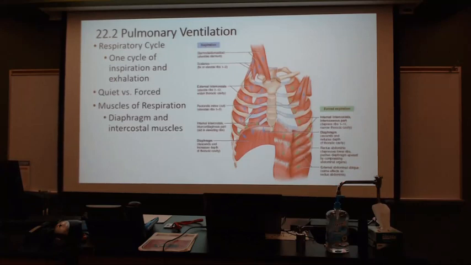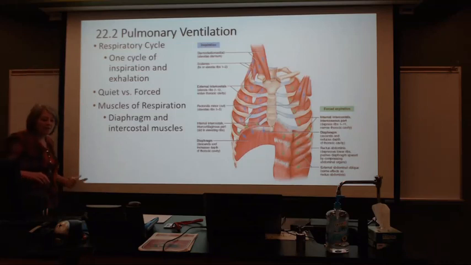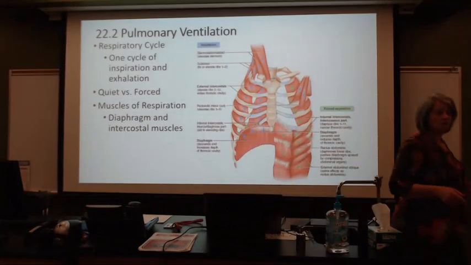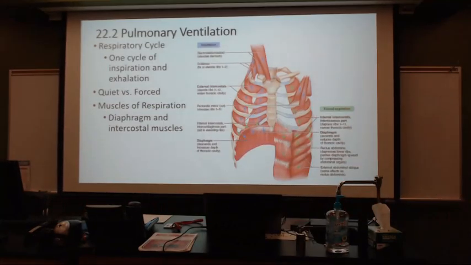So the goal: ventilate, move air. That's the goal. So we're going to talk about our pulmonary ventilation. All right? Because remember, we have to get air to the blood, then we have to get from the blood to the tissues, then we have to go from the tissues back to the blood, and then from the blood back to the lungs.